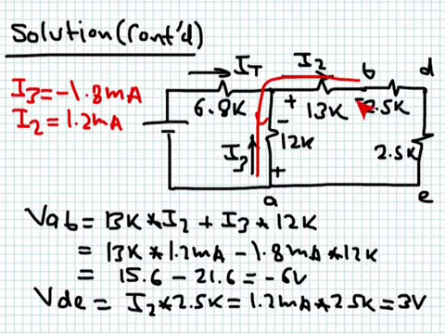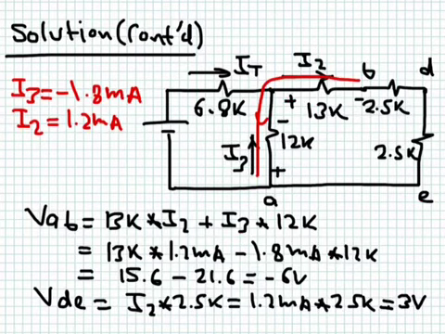So this is from negative to positive, so this is a positive drop, I2 times 13K. Negative to positive, then a positive drop, this is I3 multiplying 12K. And then later when I substitute, I take into account that I3 is actually flowing in the opposite direction. Don't do a double negative. You assume you have a reference direction, use that reference direction.